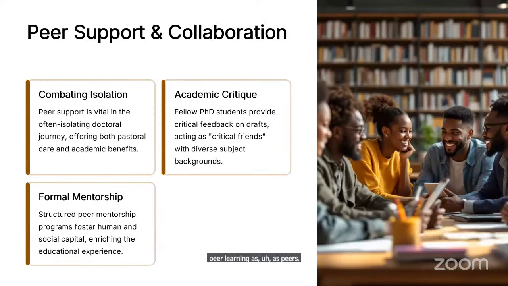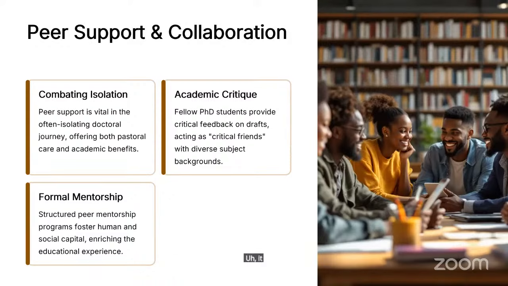So when you look at the peer review support and the collaboration that we have within the university system in your journey towards achieving your doctoral degree, you realize that studying for a PhD can actually be a very isolating experience, okay?